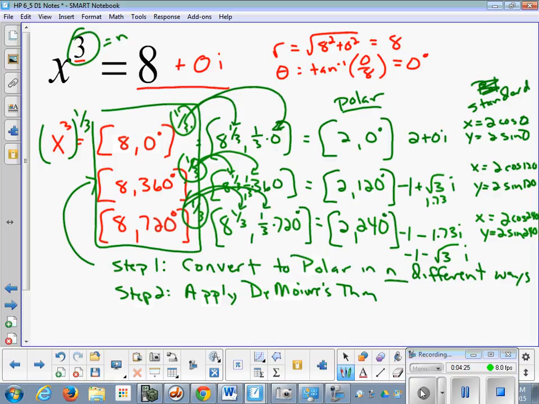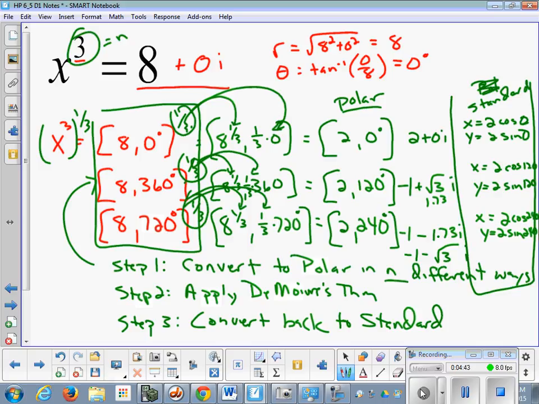We applied de Moivre's theorem. Step 3, convert back to standard. Here we converted back to standard using our equations, and we got these answers.